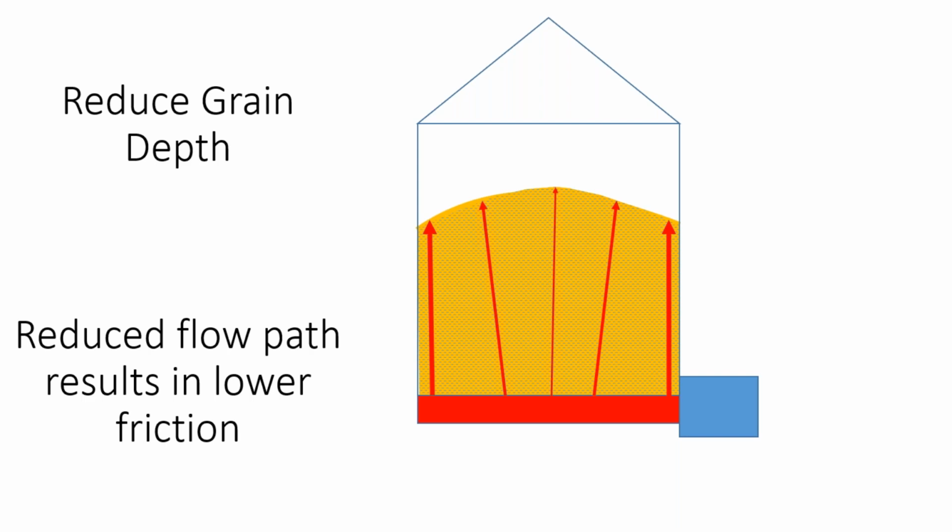It prevents you from overfilling it and causing too long of a flow path, and that really is as complicated as it is. If it has too far to travel, it's going to have too much pressure loss.